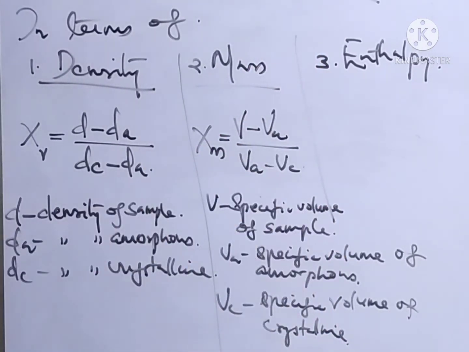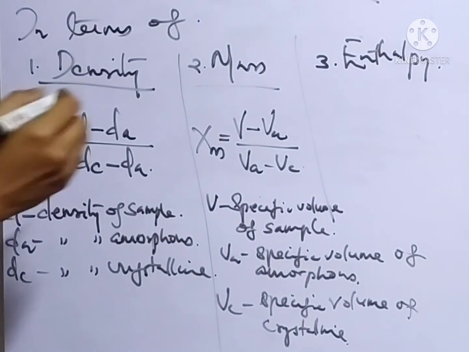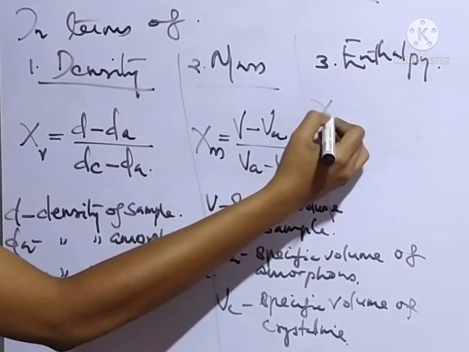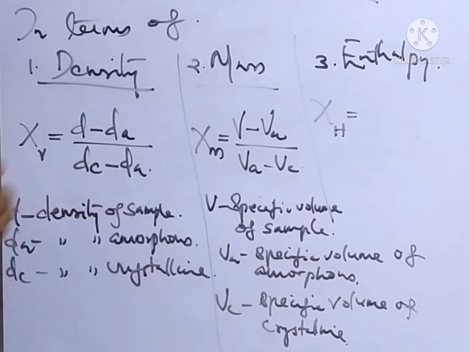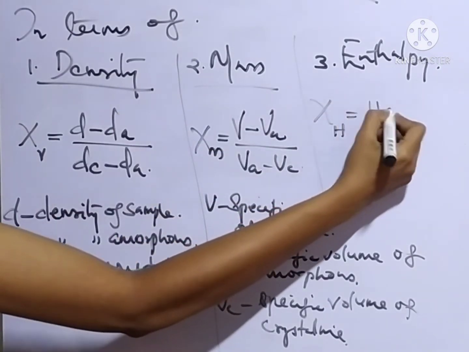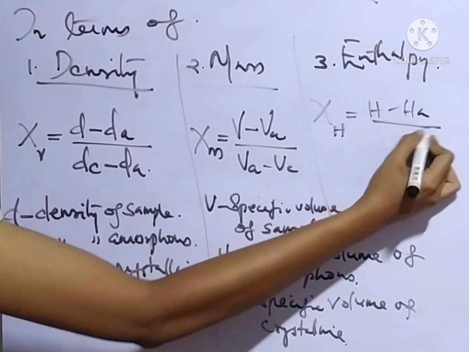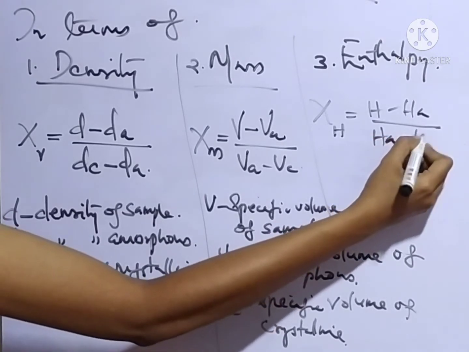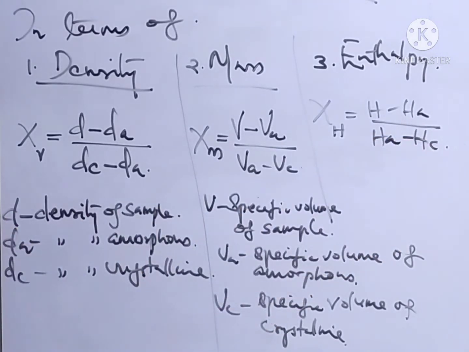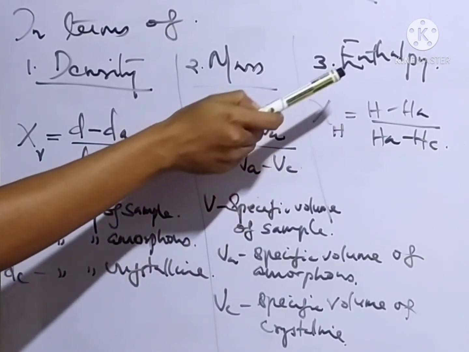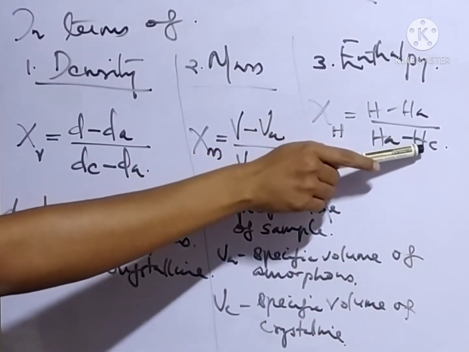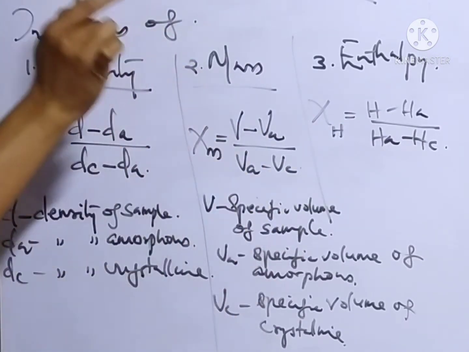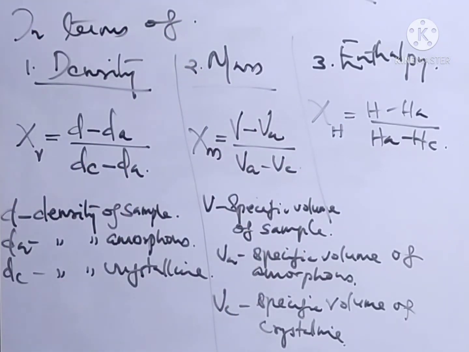Same way, in terms of enthalpy, degree of crystallinity equals H minus HA divided by HC minus HA, where H is the enthalpy of the sample, HA is the enthalpy of amorphous substance and HC is the enthalpy of crystalline substance.